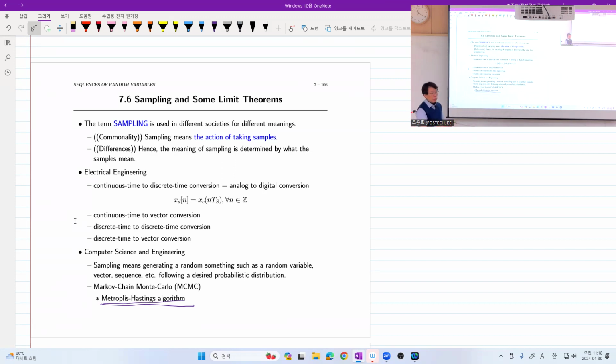We usually take samples from a continuous time signal to get a discrete time signal. Or sometimes we get some samples from a discrete time signal to a lower rate discrete time signal. Sometimes we take samples to find the so-called sufficient statistic from our continuous time observation or vector observation, something like that. So sampling means dimension reduction in some way.